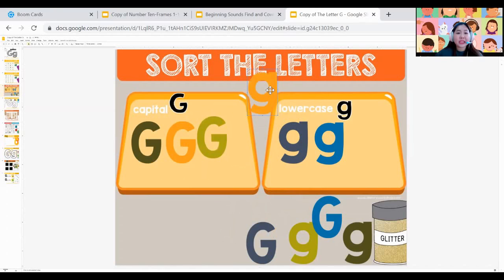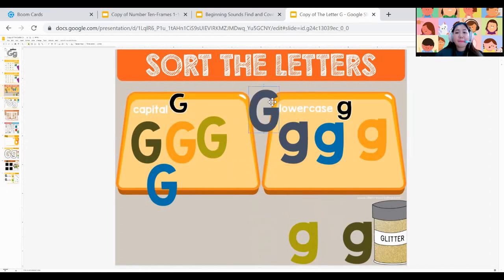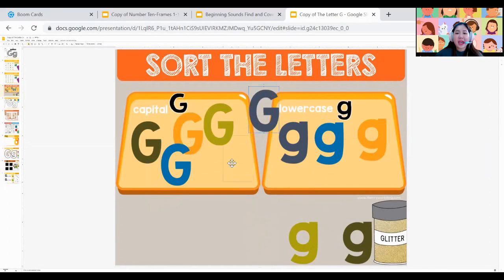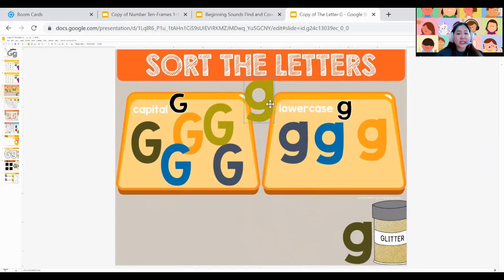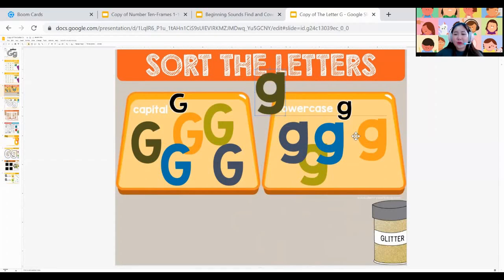Lowercase letter G. Capital or lowercase? Capital. Capital or lowercase? Capital again. Last two, capital or lowercase? Lowercase letter G. And last one? Lowercase letter G. Wow! Thank you for sorting with teacher.